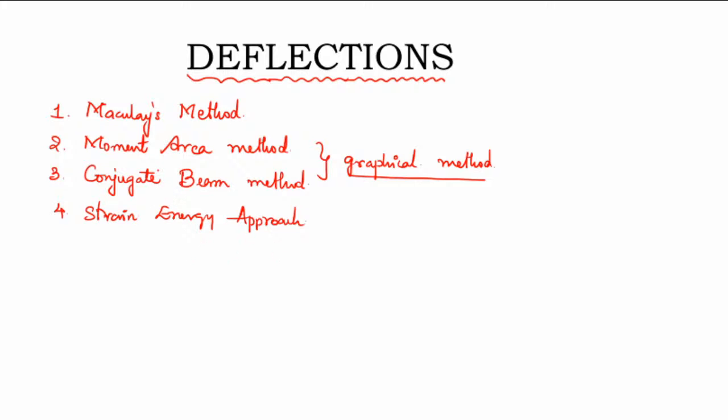Most of the problems of the cantilever beam can be done simply by using the moment area method, whether it is carrying a uniformly distributed load, a uniformly varying load, or a combination of point loads or couples.